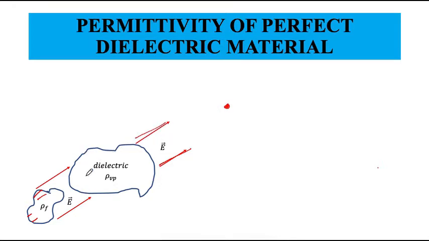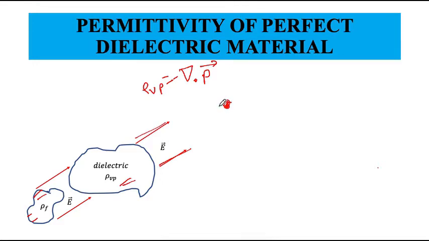Now I have placed a dielectric here, and the dielectric is described by an equivalent volume charge density rho Vp, and rho Vp is given by minus del dot P. So what would be the potential at this point?